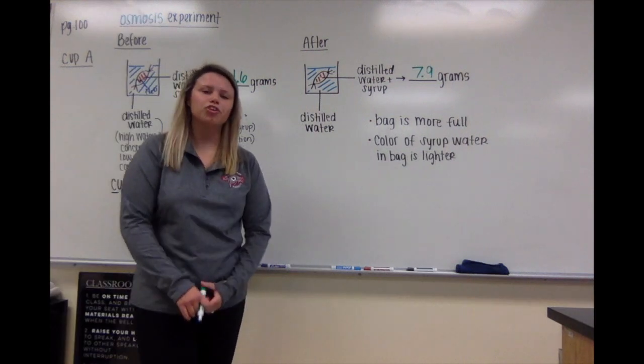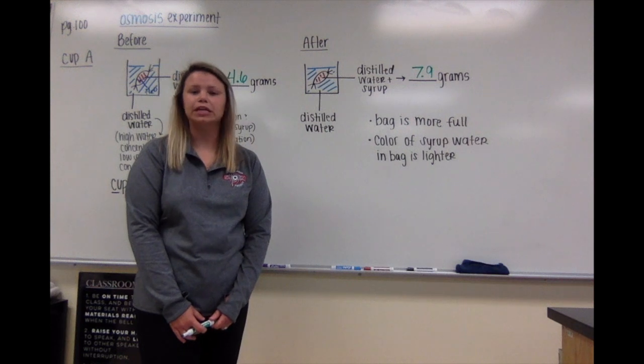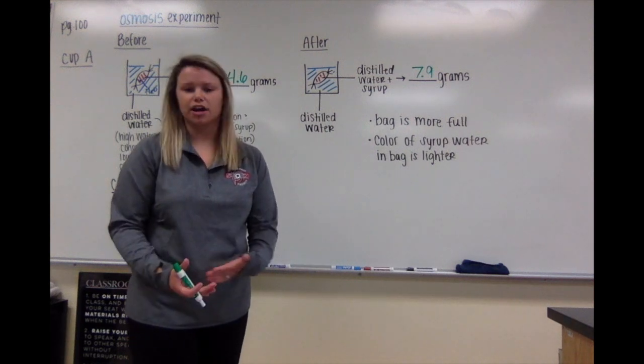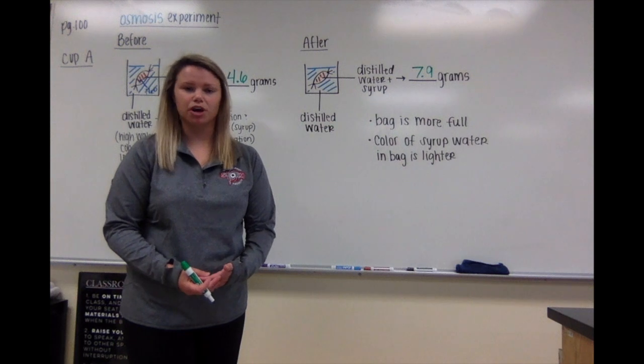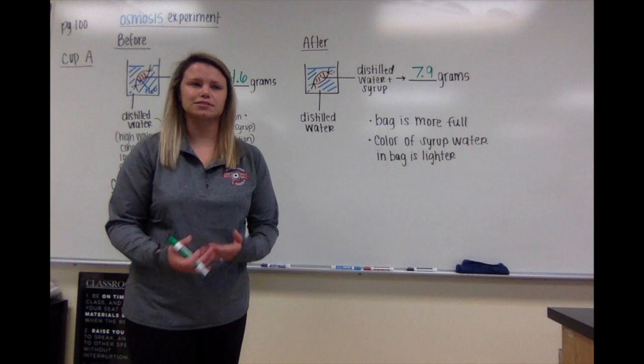Hopefully you had great on-task conversation at your tables about what happened in cup A. We are going to write down together in our ISNs on page 100 what actually happened in cup A in a nice, succinct summary.